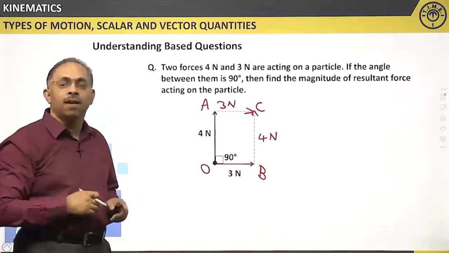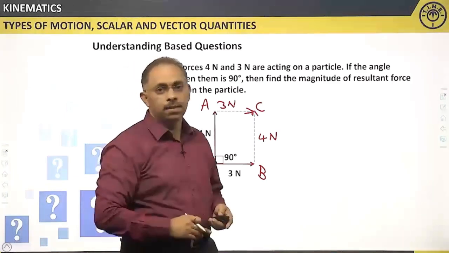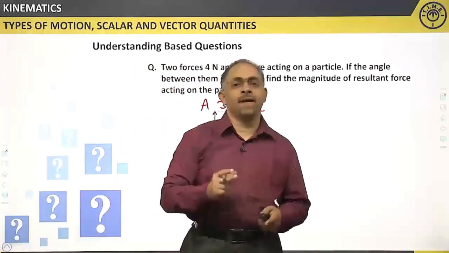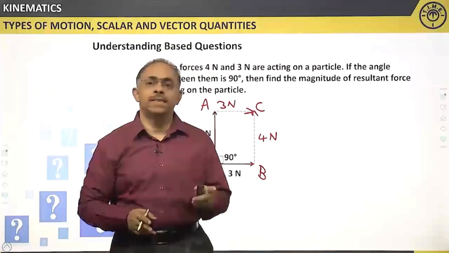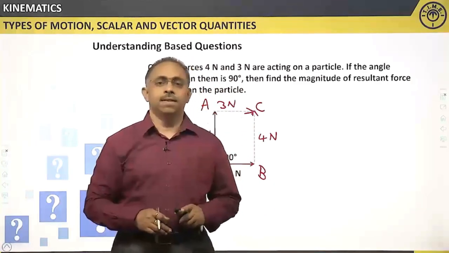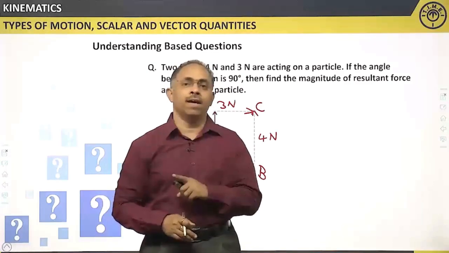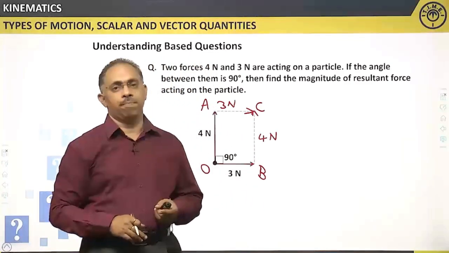We know the triangle law of addition of vectors. According to the triangle law of addition of vectors, if two vectors are represented in magnitude and direction by two adjacent sides of a triangle taken in order, then the resultant of these two will be given by the third side of the triangle taken in the reverse order.